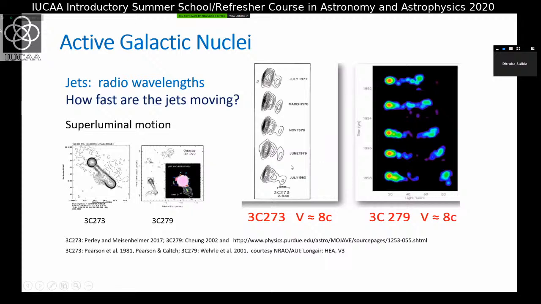Now, this is 3C273, one of the first quasars that was identified, and this is 3C279, which is also associated with a quasar. And I have also shown you over here the larger arc-second scale structures of these objects. So what you're seeing on the right-hand side is right in the nucleus over here, buried over here. It has a large-scale jet, and this also has a large-scale jet.